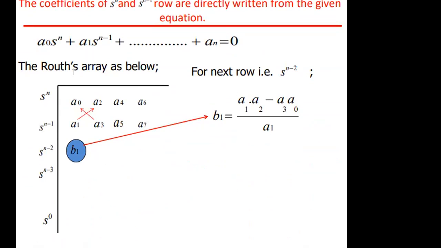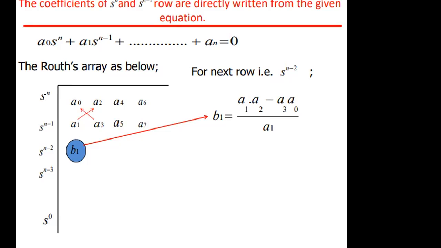On the left hand side of the column I take S power n, S power n minus 1, S power n minus 2, S power n minus 3 and so on up to S power 0. For example, if the equation has S power 5 as the maximum, then we consider S power 5, S power 4, S cube, S square, S power 1, and S power 0, which is a constant value.